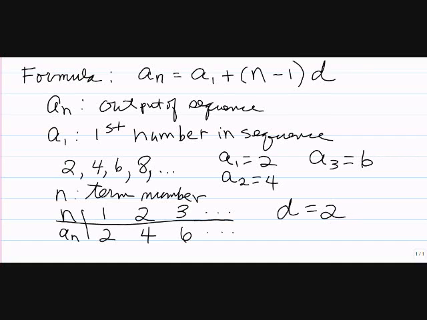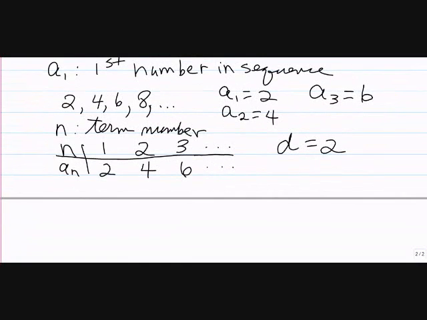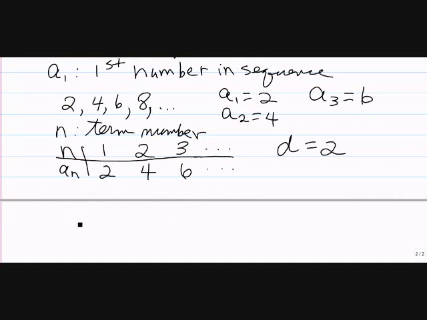2. Okay. So now I have enough information to make the formula that gives me the even numbers. So a sub n is, I'll write down the formula again, a sub 1 plus n minus 1 times d.